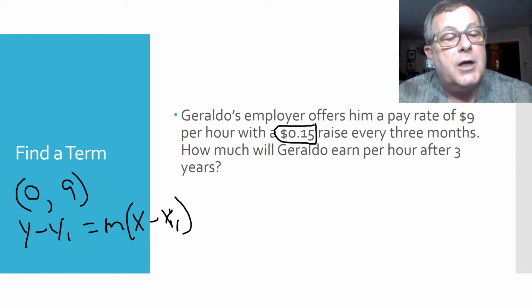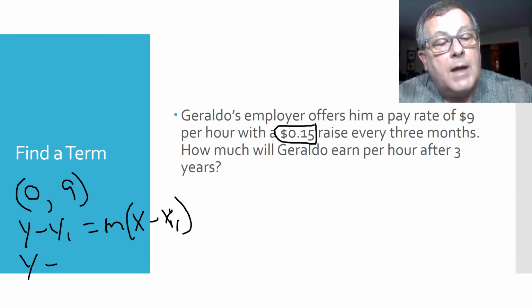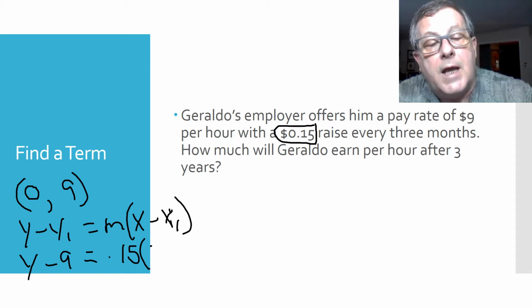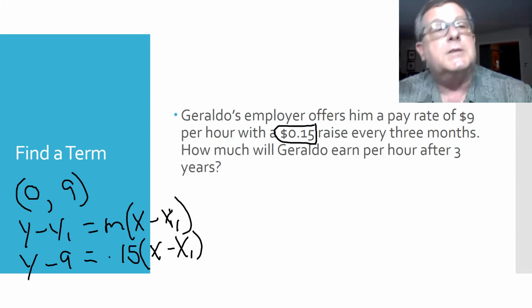And so let's plug and chug here. So we got Y minus 9 equals, our slope is 0.15 times X minus X1, which is going to be 0.